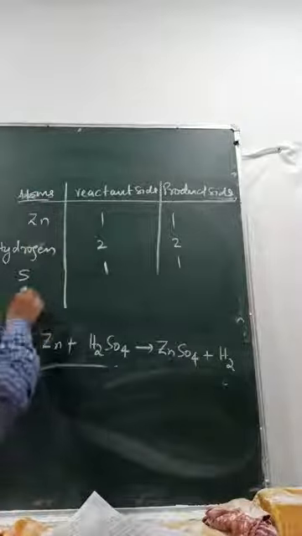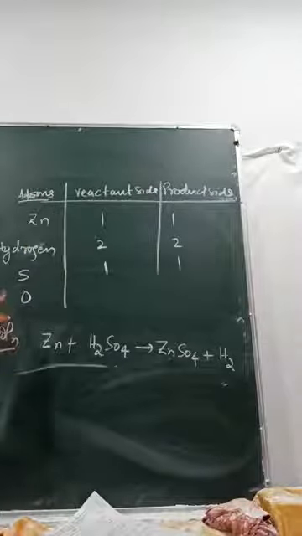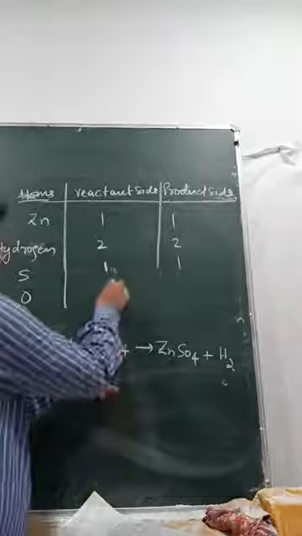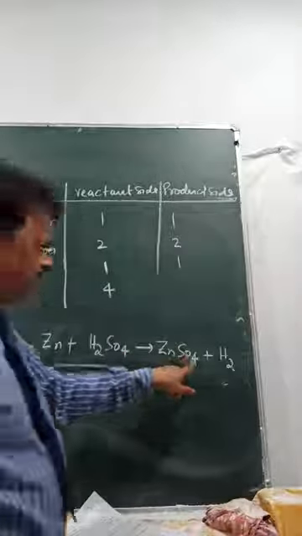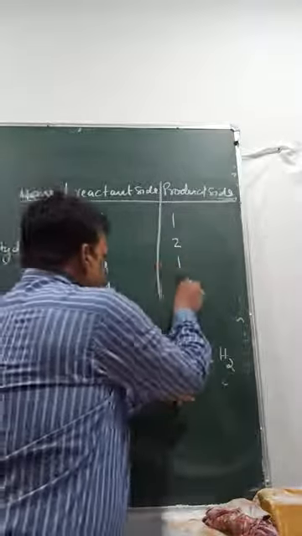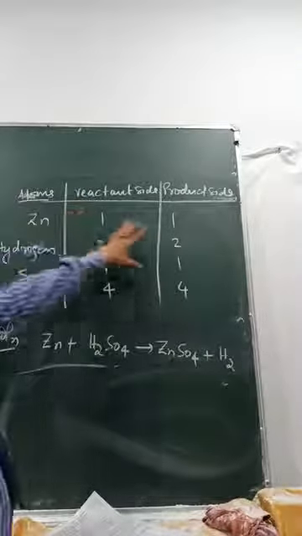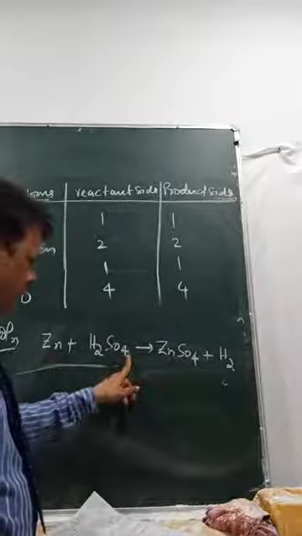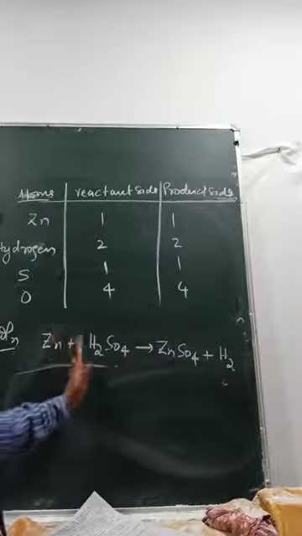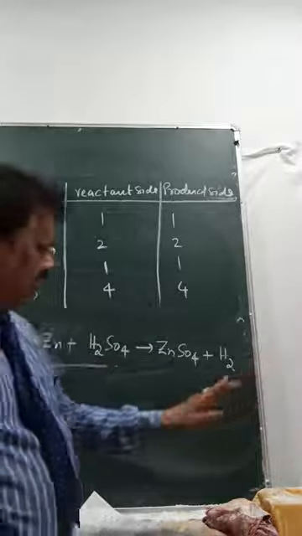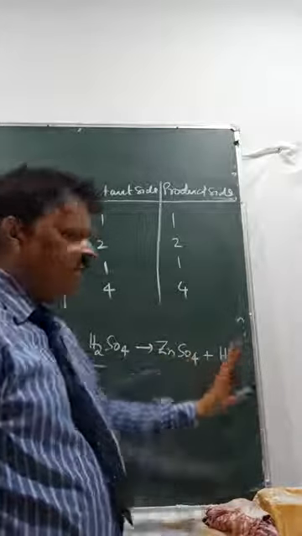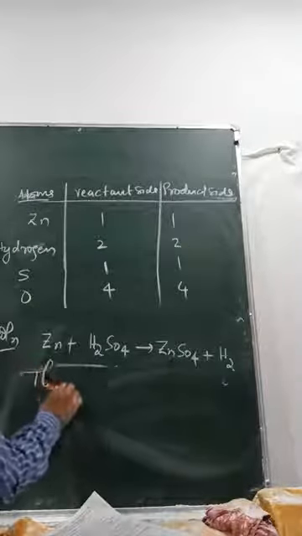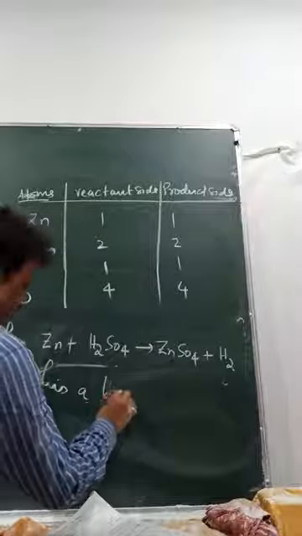If I go to oxygen, I can see there are 4 oxygens on the reactant side, and 4 oxygens on the product side. So we find this is a balanced equation, because the number of atoms on the reactant side equals the number of atoms on the product side.